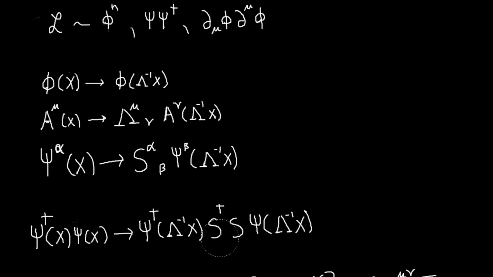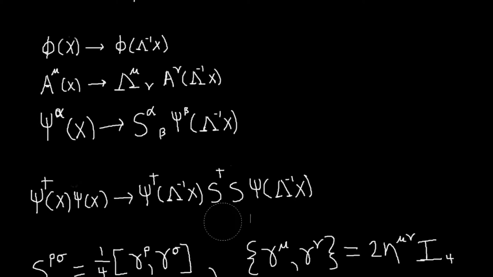And basically, if S were unitary, then this Hermitian conjugate would be the same as the inverse, and this would cancel, and so it would be what we wanted. But as it turns out, S is not unitary. So what that means is there's not an obvious way yet to construct a Lorentz invariant Lagrangian using these objects. So we need to fix that.